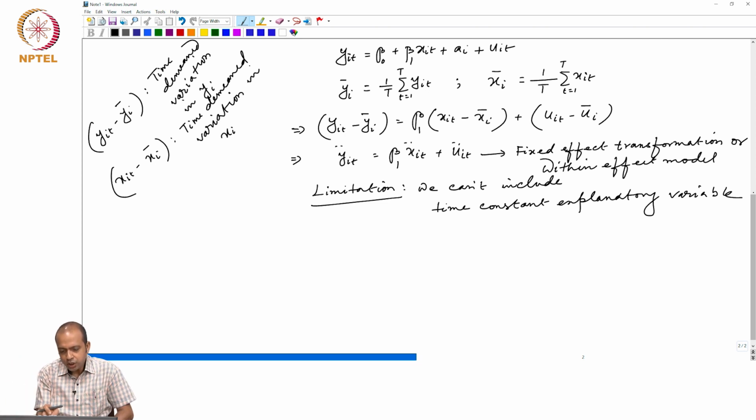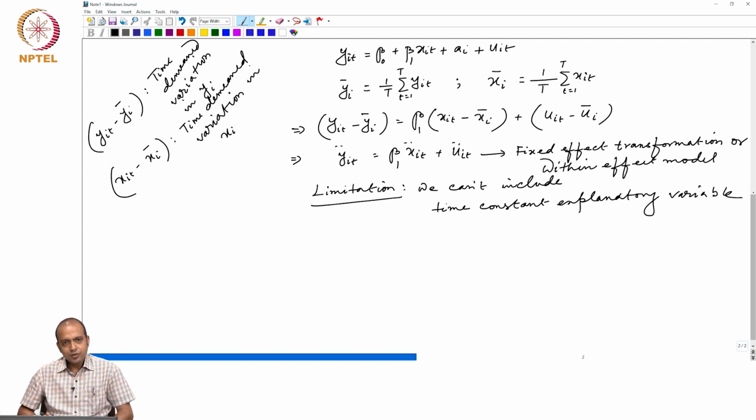So, even though this is a limitation of this model, we have to think about what the objective of this fixed effect model is. It is to explain the time variation in Y, which is defined as YIT minus YI bar, with the help of XIT minus XI bar. That is why we can't include a time constant explanatory variable in this model.